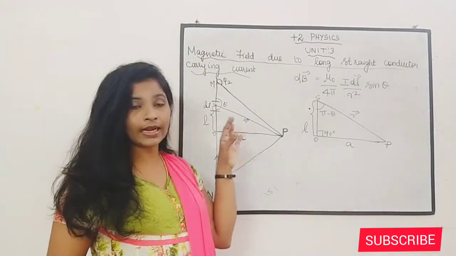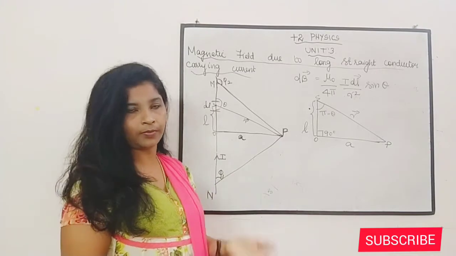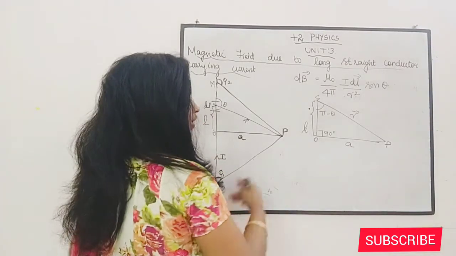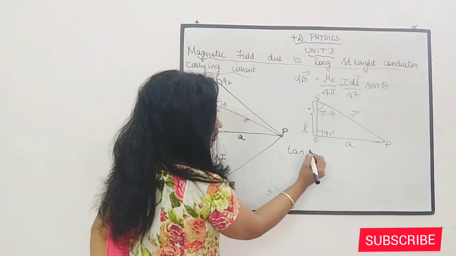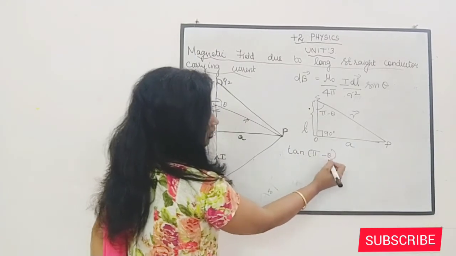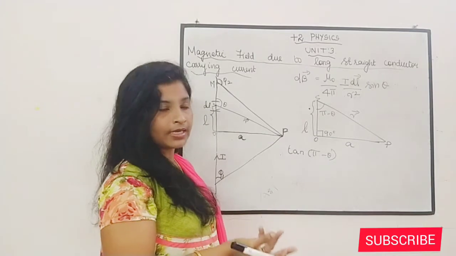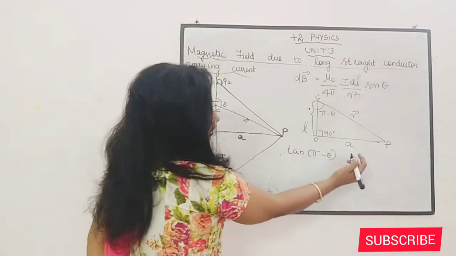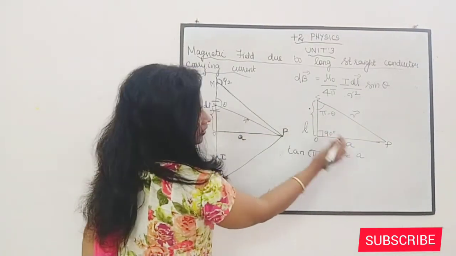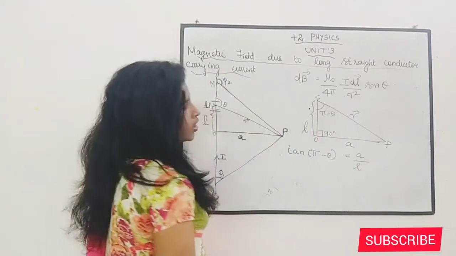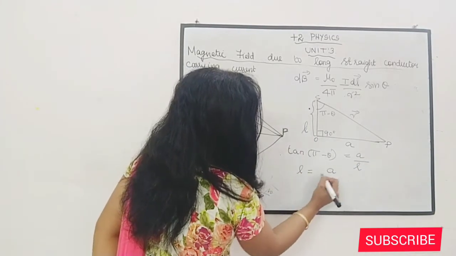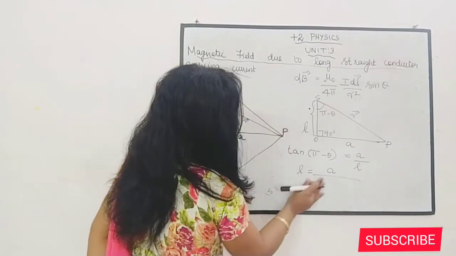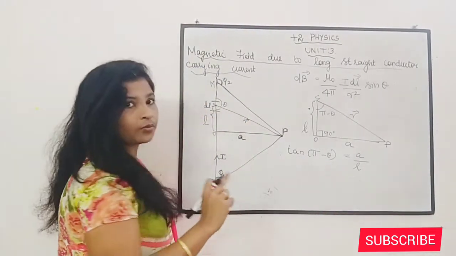For that I am going to find out tan theta. For tan of pi minus theta, tan theta means opposite side by adjacent side. The opposite side is a, the adjacent side is L. What is tan of 180 minus theta?